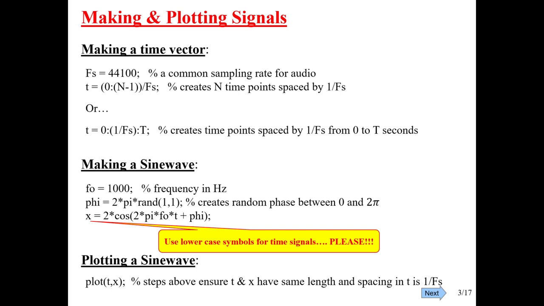For example, later we'll talk about windows in FFT processing, and MATLAB's commands that create windows create column vectors. That runs into some problems with me because I'm creating a row vector here, which then makes x a row vector. And if I then try to apply a column vector window to that x signal, MATLAB will give me an error. So you have to be aware of that.